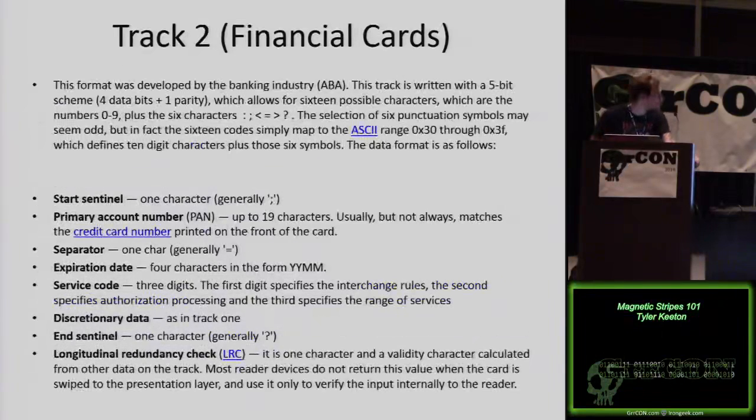So track 2 is essentially the same thing. The only difference is field separators, instead of a caret, it's an equal sign. Start sentinel is a semicolon instead of a percent sign. And after the PAN, there's no name.